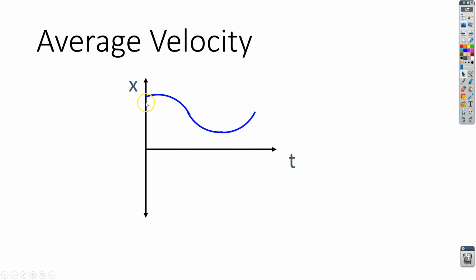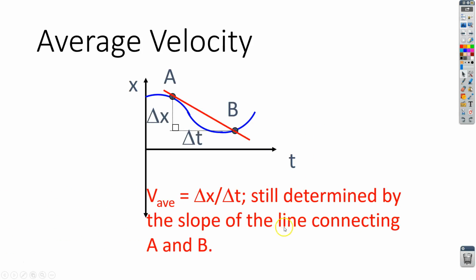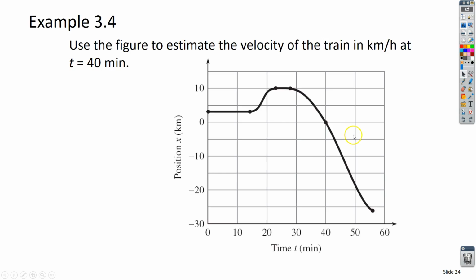If I have something like this, remember we've got to do the tangent line. So if I want to know the secant line, if I do this, A to B, I can find my average velocity for that line. So that one is a little bit different. It's still determined by using the slope, but notice that this is curving a lot, which means that we're accelerating and decelerating as we go through.